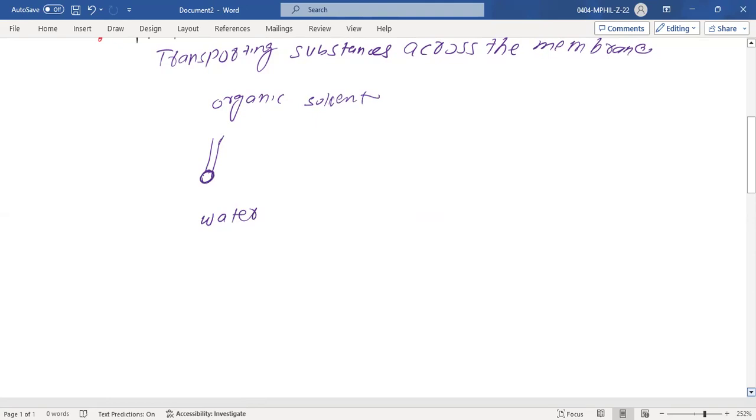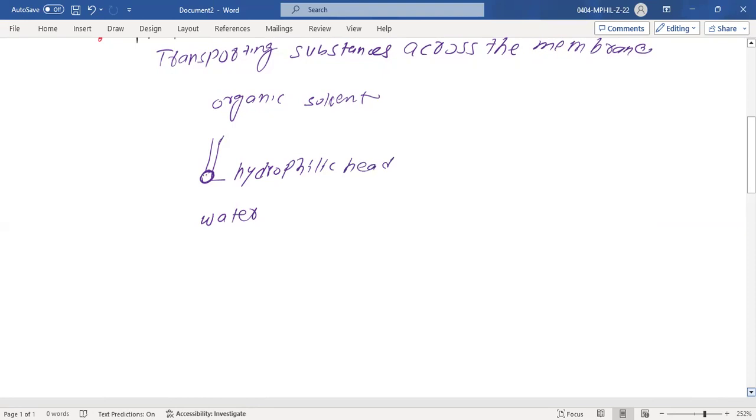It is a phosphate, and this phosphate has the character of hydrophilic in nature, right? Hydrophilic head. This phosphate head is actually the hydrophilic head. It is water loving.